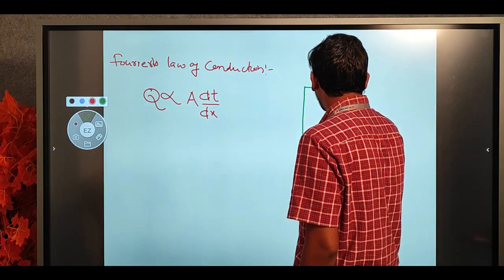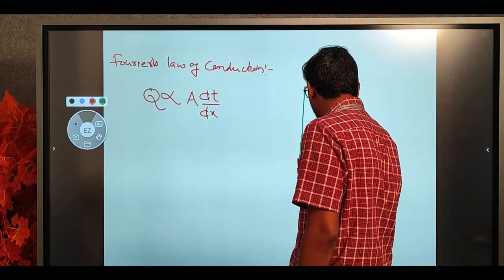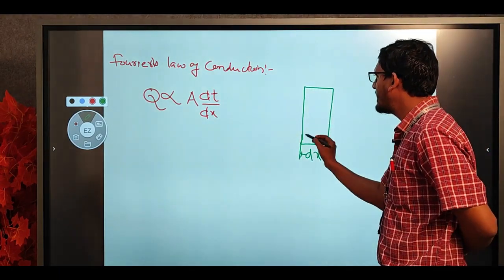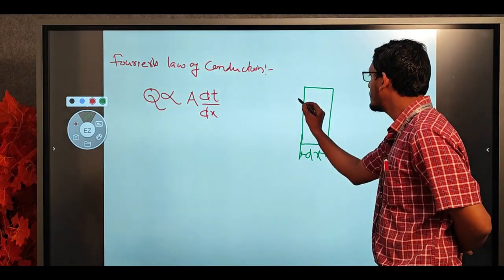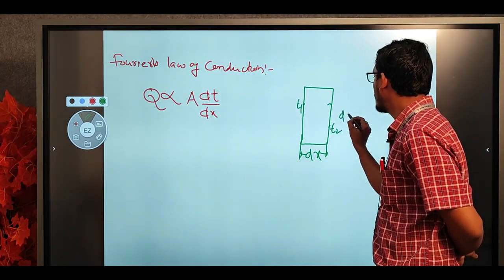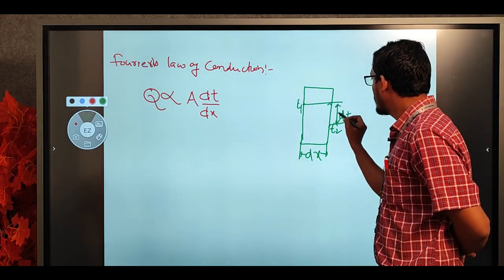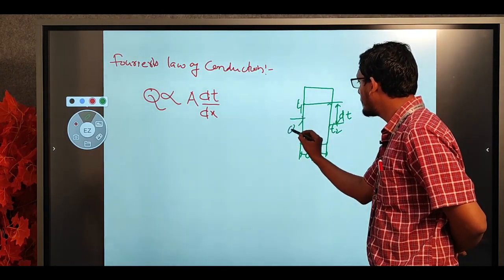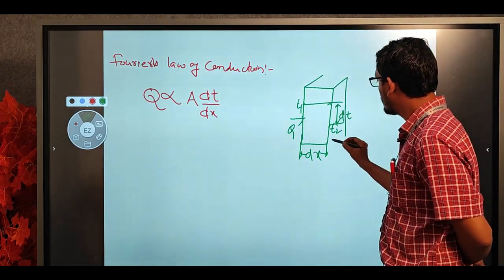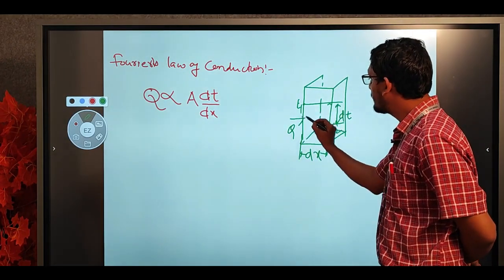Let us consider a body which has a thickness of dx, and this body is maintaining a temperature difference, that is dT. Now Q is flowing in this direction, so we consider this face.